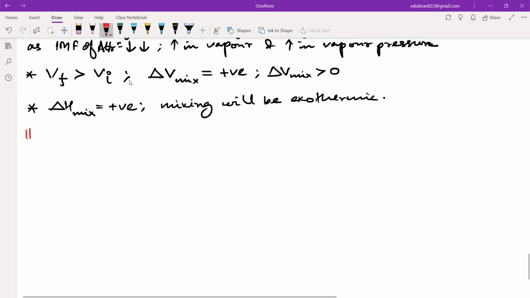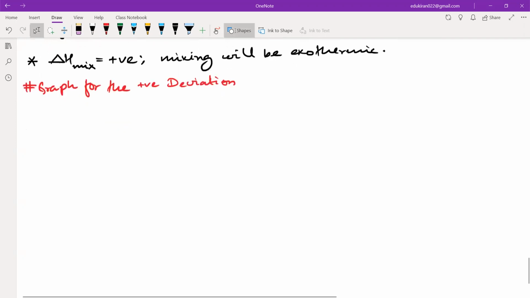The next topic is the graph for the deviation. And which deviation? Positive deviation. In the graph for the positive deviation, we have to compare the positive deviation with Raoult's law.